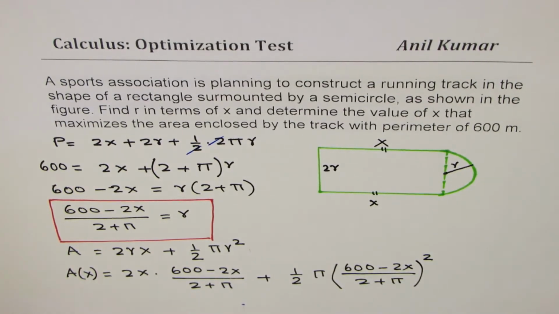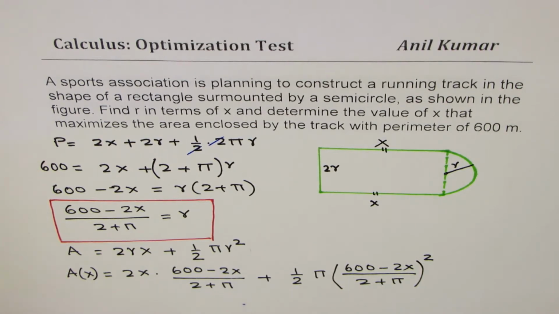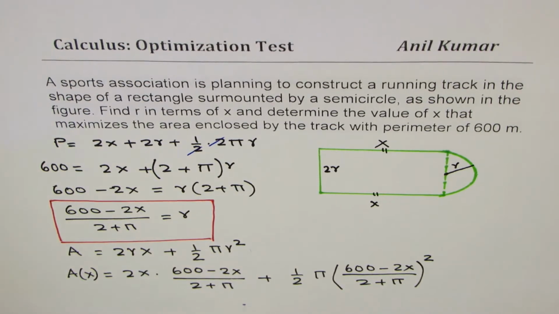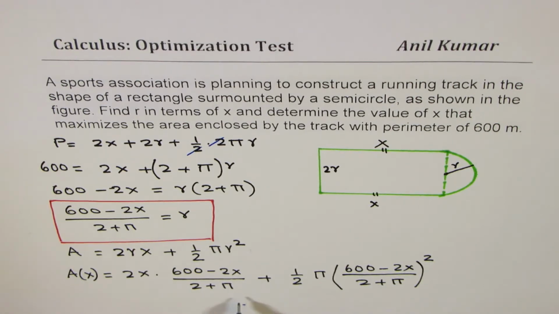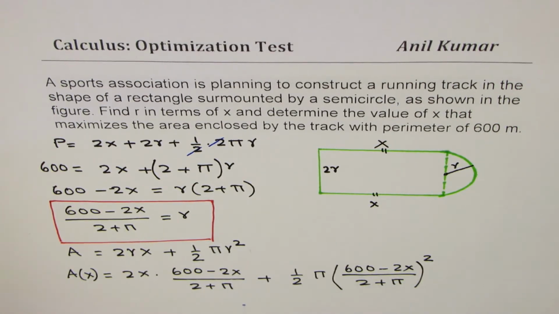So that becomes the area expression, which we can simplify a bit and then work with. Now let us take this to the next page, and then from there we'll actually find the derivative, equate it to 0, and then work it out. So we'll move it to the next page to find the critical number, right?